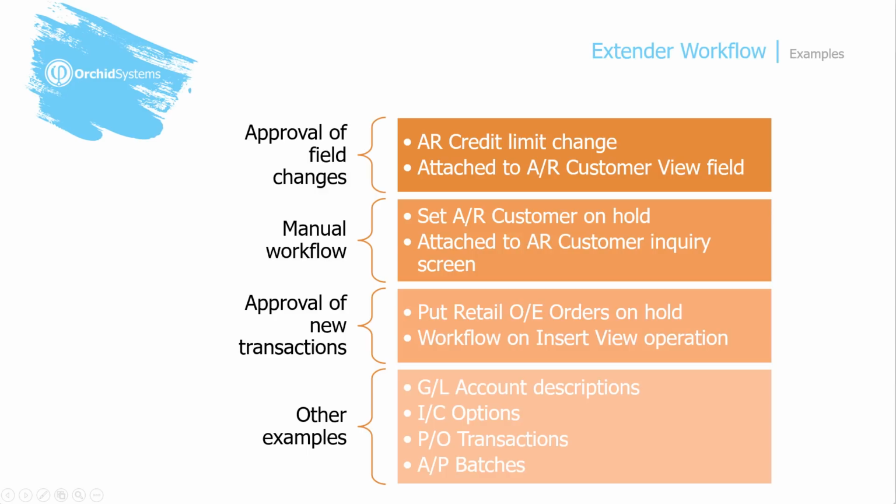We've looked at a workflow to approve new transactions, put retail orders on hold, and wait for a manager to take the order off hold. Other examples we've touched on are around GL account descriptions, IC options, purchase order transactions, and AP batches.